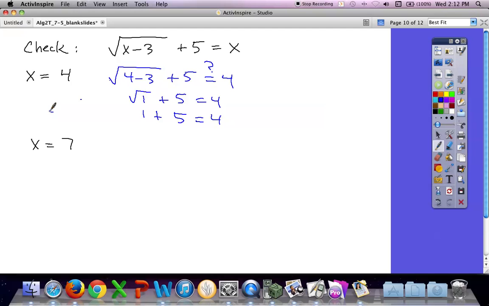That's incorrect, right? That doesn't check. Oh, it does not check, sorry. When you solve a radical equation and when you check it, the answer doesn't work out, that's called extraneous. X equals 4 is an extraneous solution.